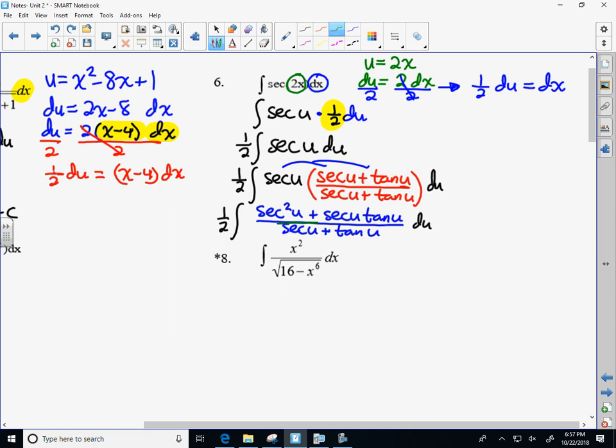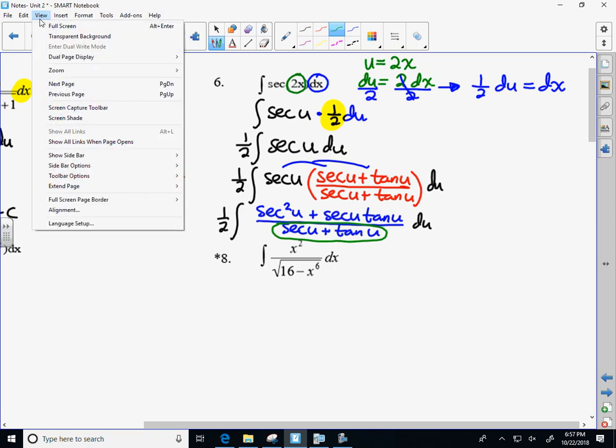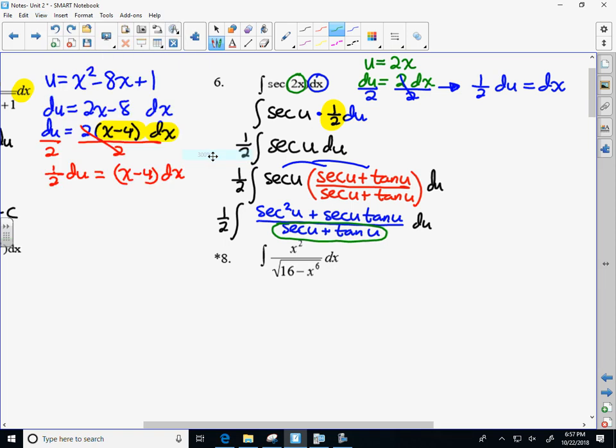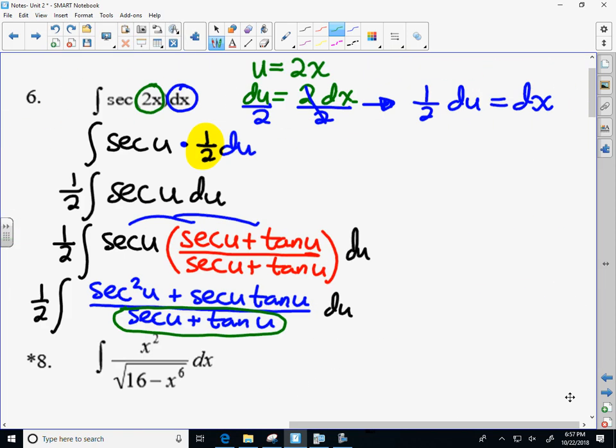I'm going to let u, well, I already got a u, so let me create a new variable. Let's call it v. I'm going to create a variable v.